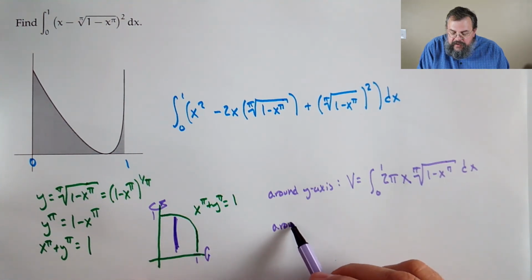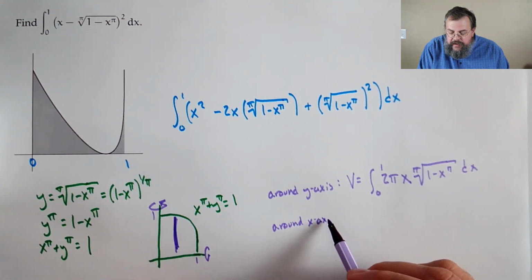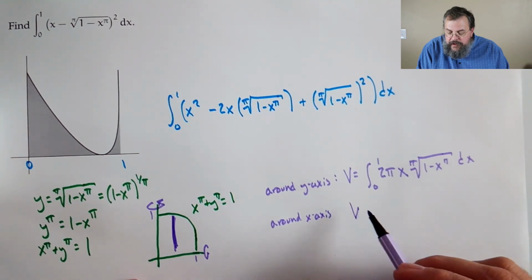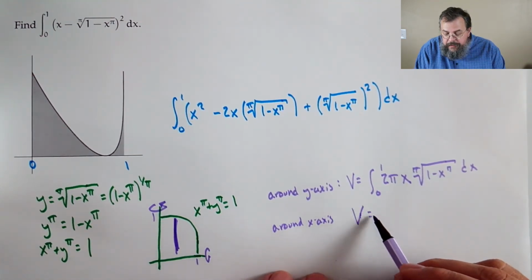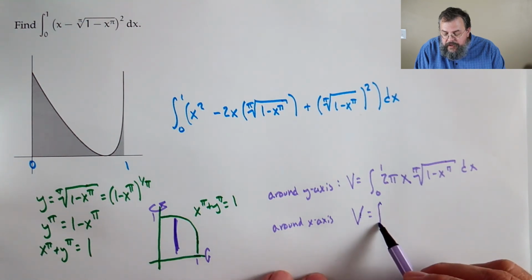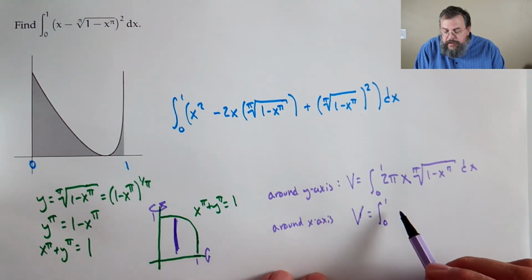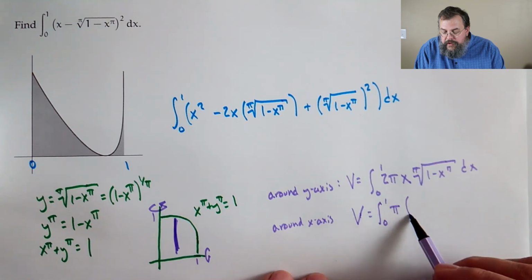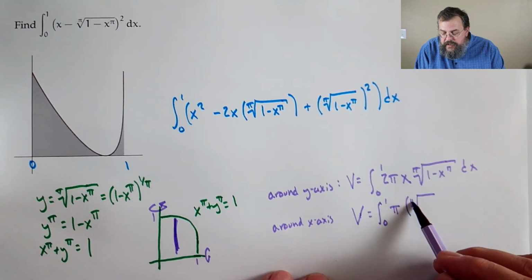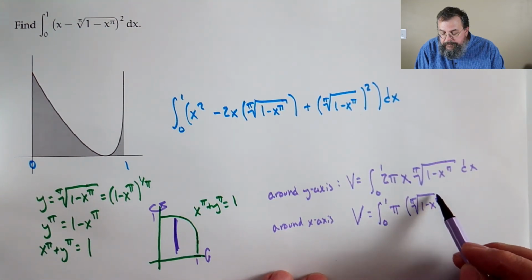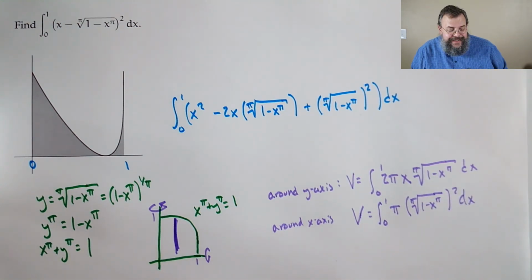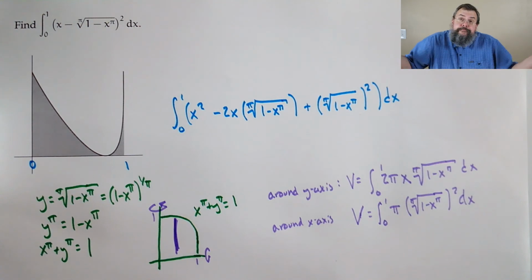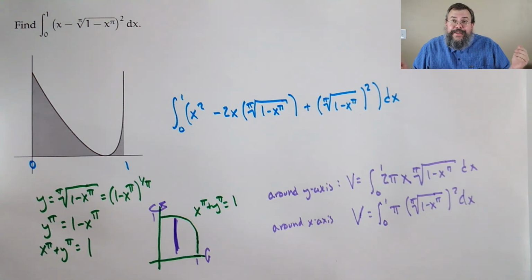So around the x-axis, what do we have? Well, the volume here is equal to the integral, start to finish, of pi times the radius, which is the function, squared, dx. Okay, so far you're probably thinking, yeah, where's the trick, Steve?